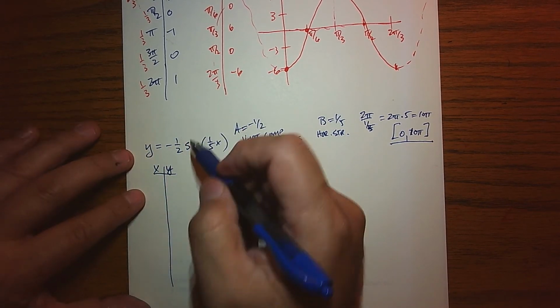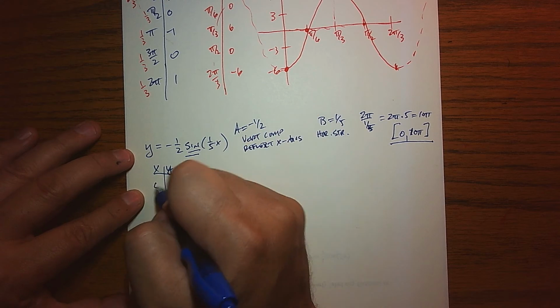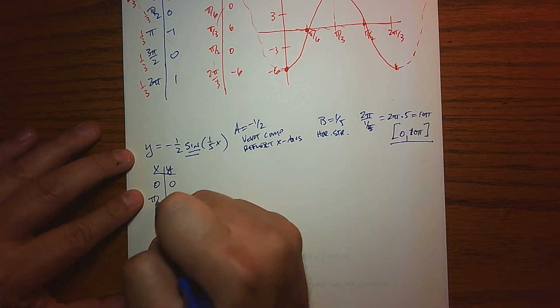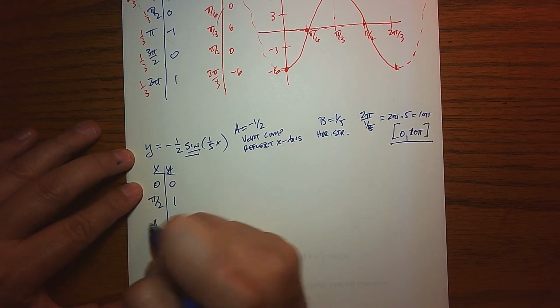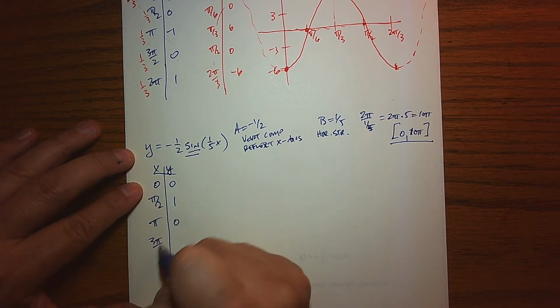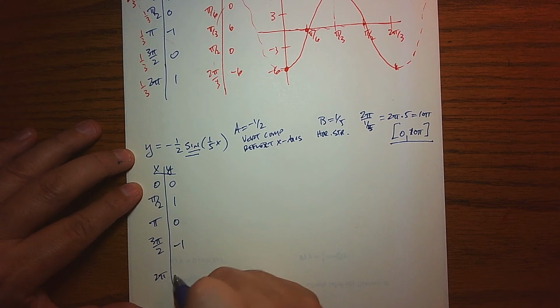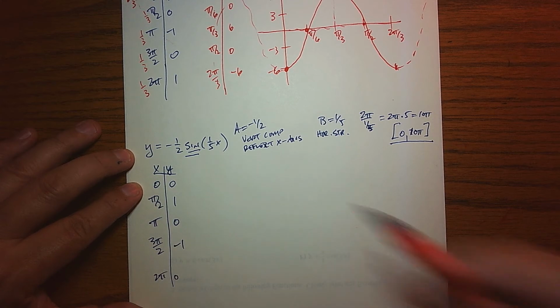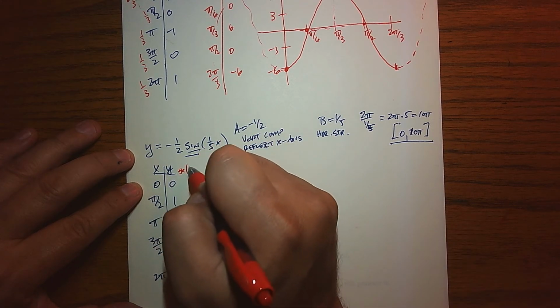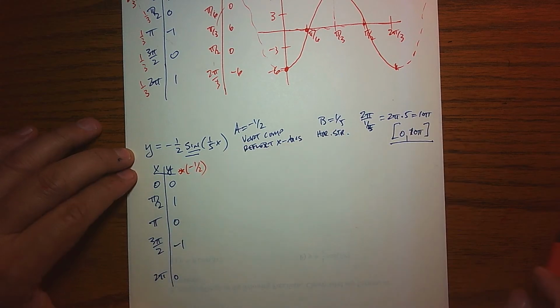So what do we know about a sine graph? 0 and 0, pi over 2 and 1, pi and 0, 3 pi over 2 and -1, 2 pi and 0. To get my new graph, we're going to take all our y coordinates and multiply them by -1/2.